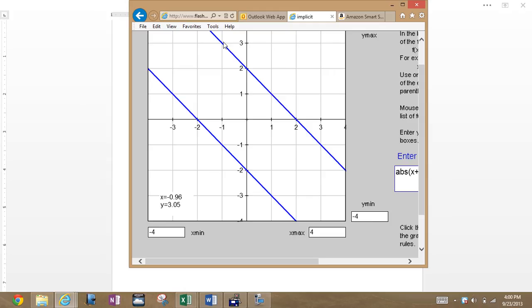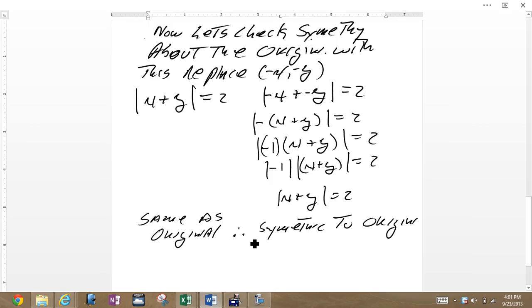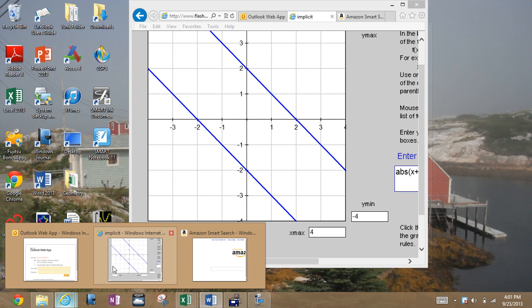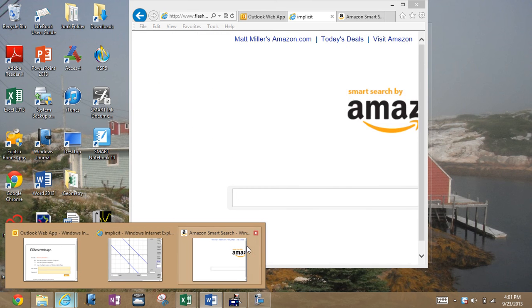The graph here contains the point (-1, 3). So this graph contains the opposite of both, (1, -3). So you do have that symmetry, okay, as we determined, and we do have those intercepts as we determined as well. Interesting graph, okay?